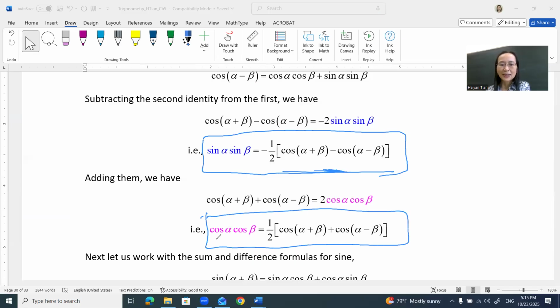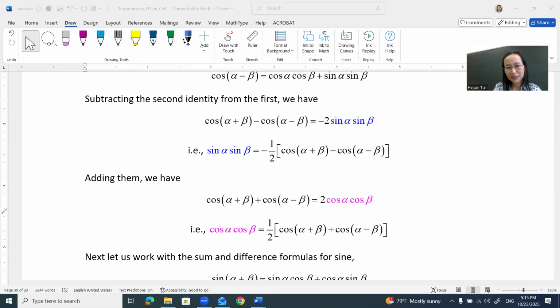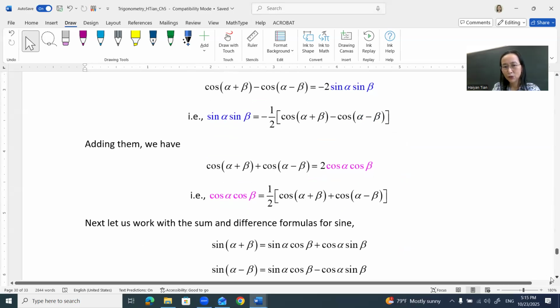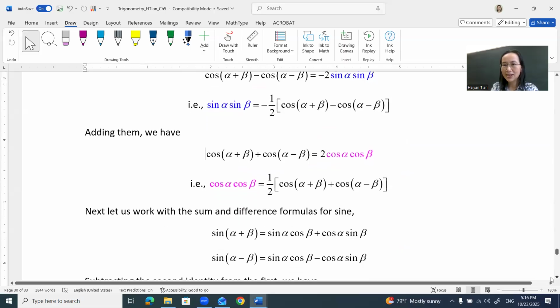Okay, so this is another product to sum formula. So now we have two product to sum formulas. One is for sine alpha, sine beta. One is for cosine alpha, cosine beta.